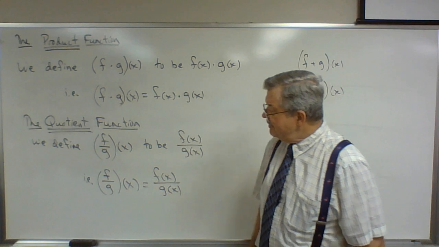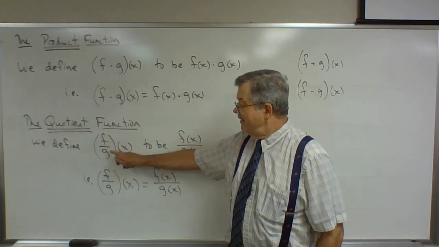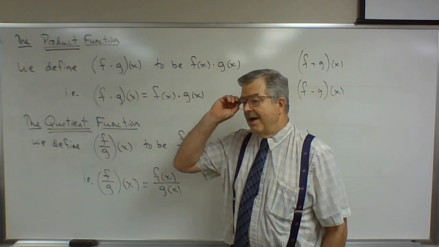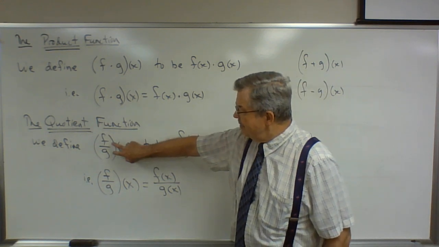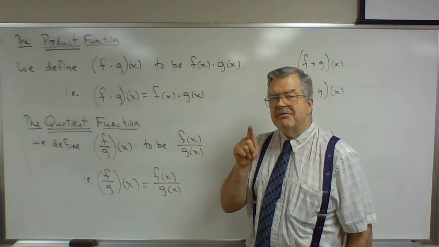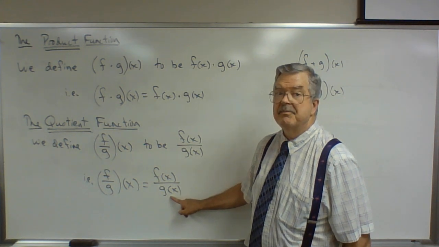So in addition to those x values that aren't in the domain of f, and those x values that aren't in the domain of g, we also exclude from the domain of the quotient function any x value that makes g of x equal 0.